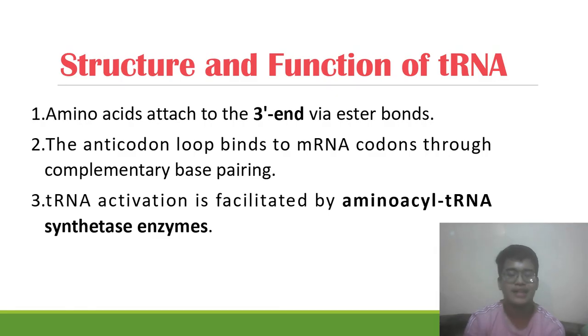The tRNA activation is facilitated by aminoacyl tRNA synthetase enzymes. The interaction between the anticodon of the tRNA and the codon of mRNA leads to the proper placement of an amino acid into a growing peptide chain during protein synthesis. This interaction involves complementary base pairing.